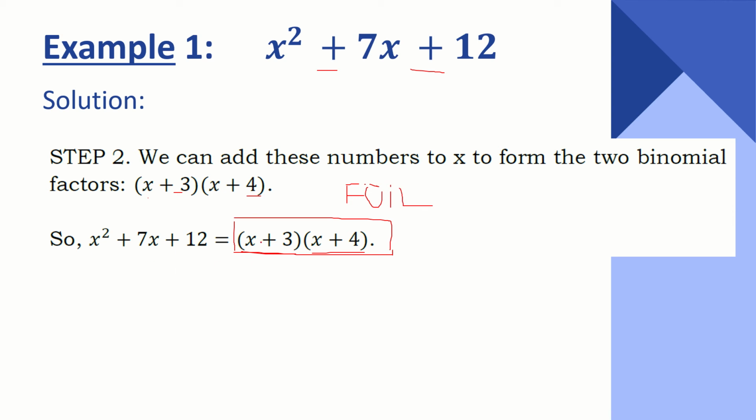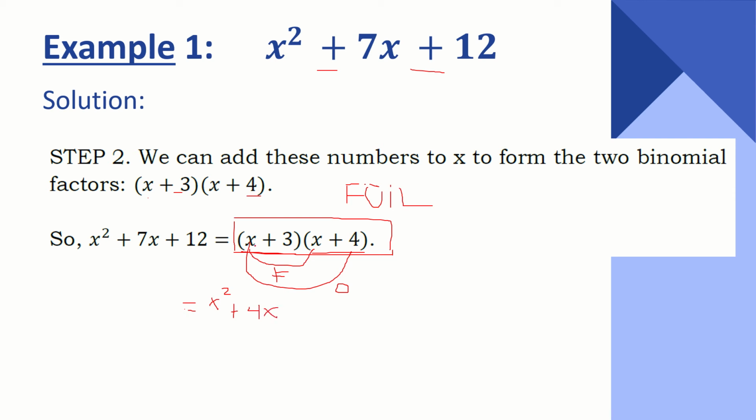For our first terms, we have x and x. So x times x, we have x squared. Now outer term, si x ug si 4. So x times 4, we have 4x.